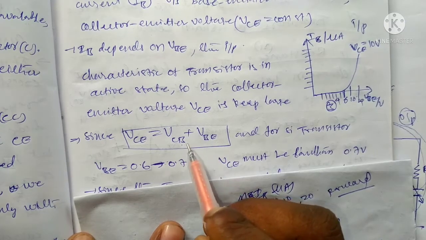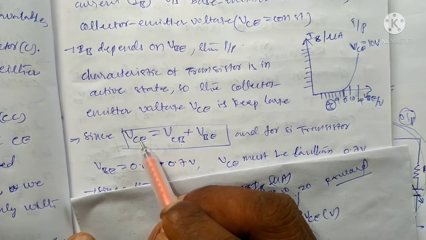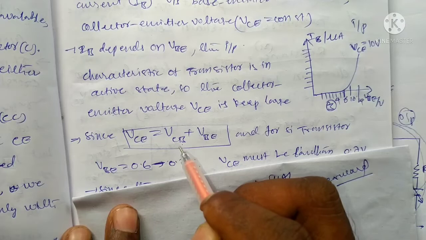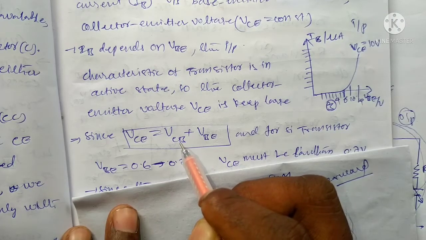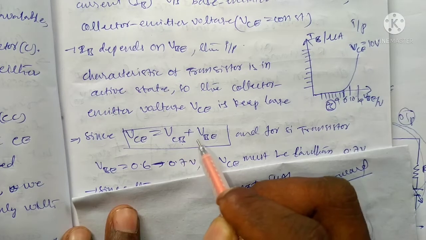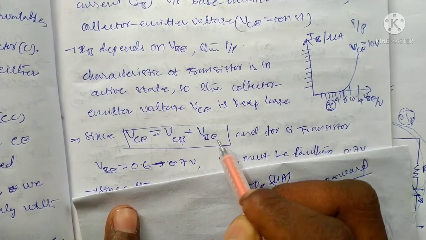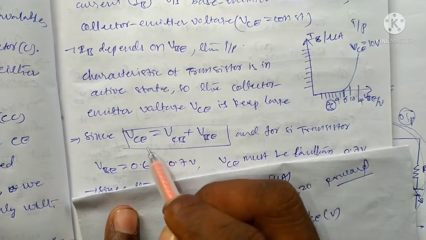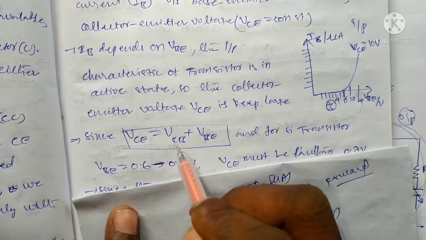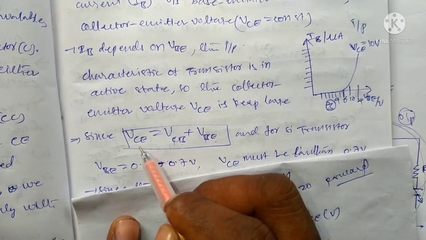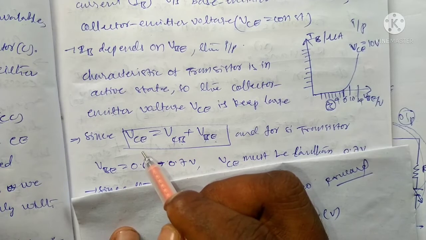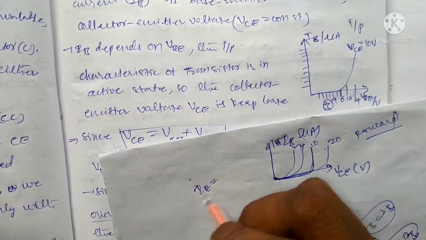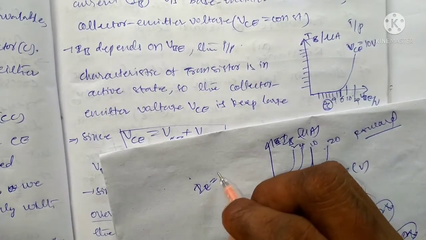That means the common emitter voltage is nothing but the combination of the collector base voltage plus the base emitter voltage. Here the base terms cancel, giving the collector emitter voltage. So in the CE configuration, the emitter current is equal to the base current plus the collector current.